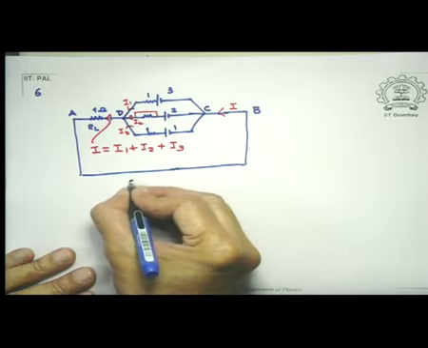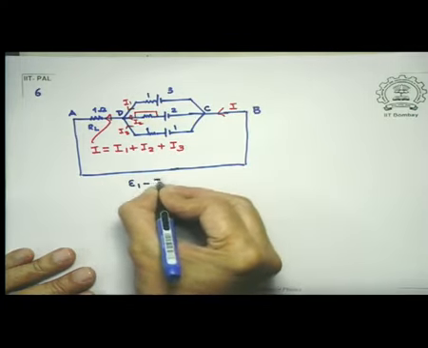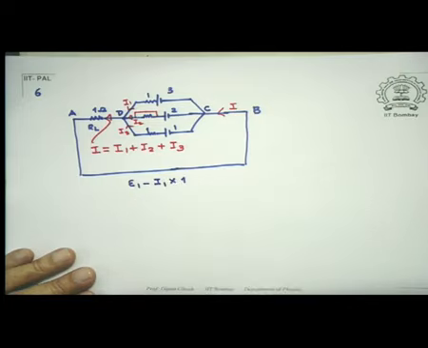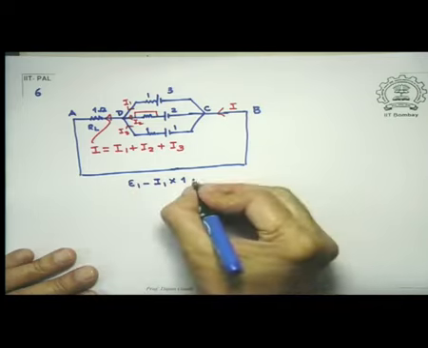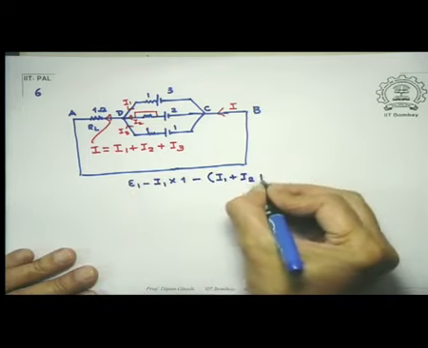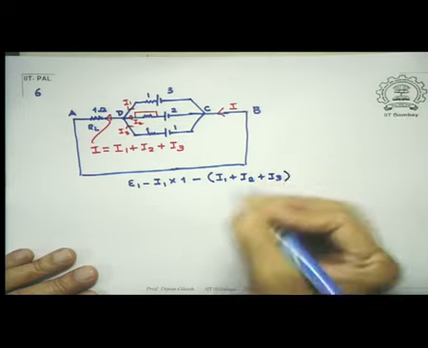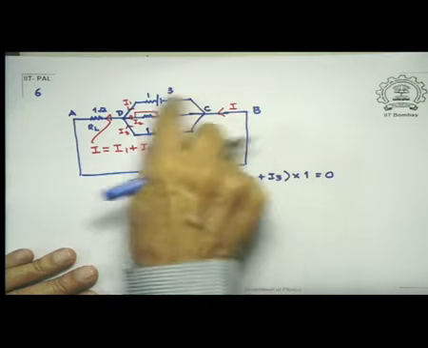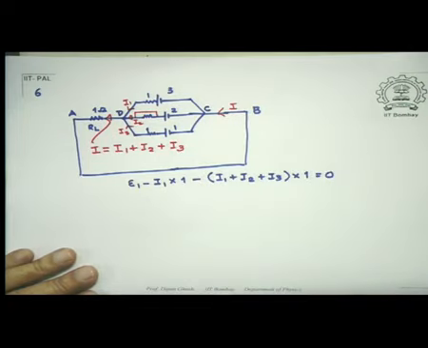So E1 minus I1 R1, R1 is 1, minus I, which is I1 plus I2 plus I3, times 1, is equal to 0, because I have simply returned to the same point.